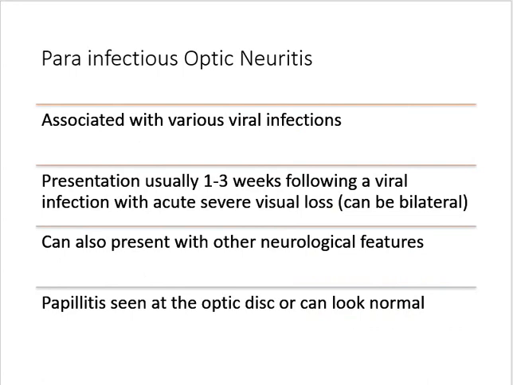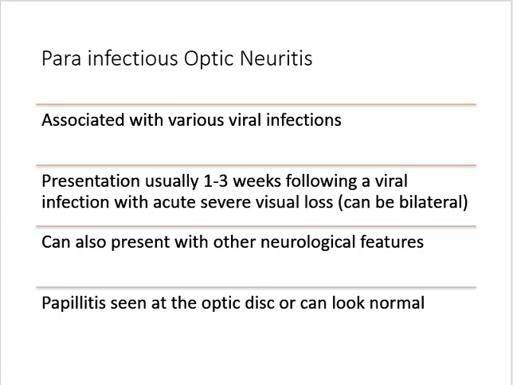Let's now take a look at para-infectious optic neuritis. This can be associated with various viral infections, including things that are quite common, like measles, mumps, chickenpox, rubella is not so common, whooping cough, glandular fever, another common one. It can also occur after immunizations, and children are affected more frequently than adults.